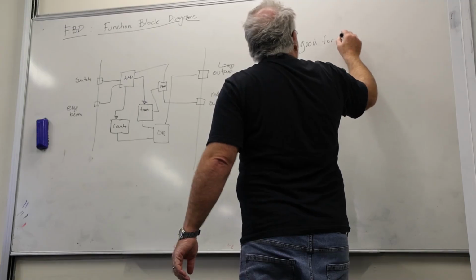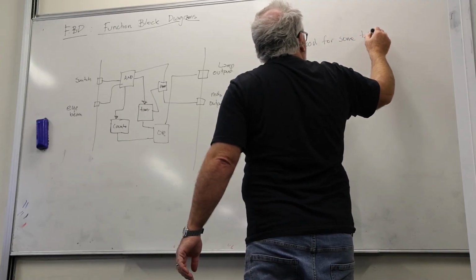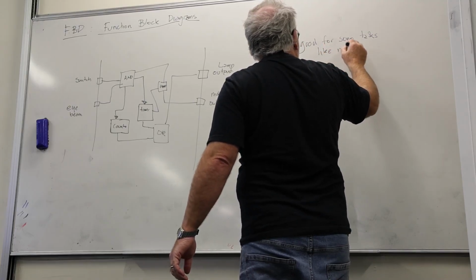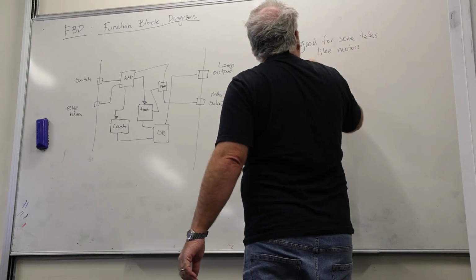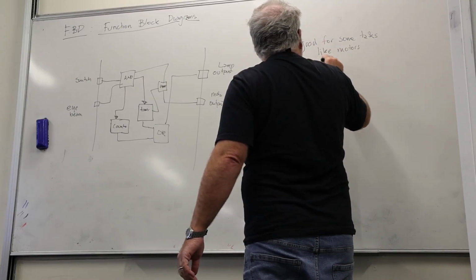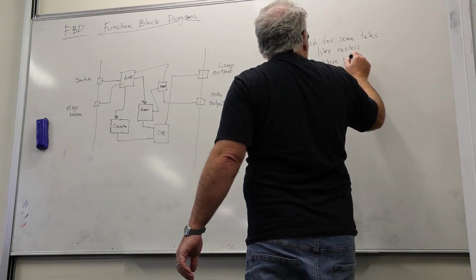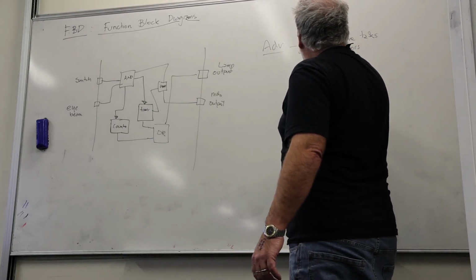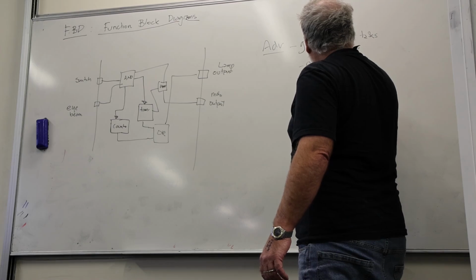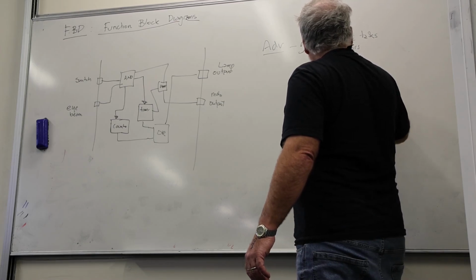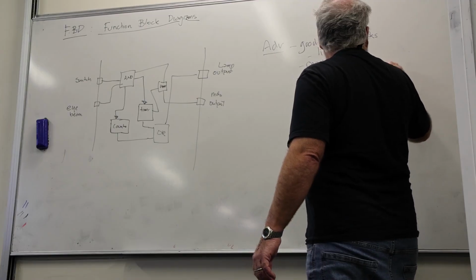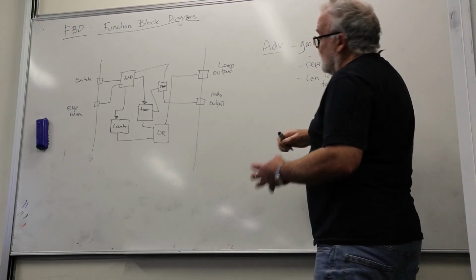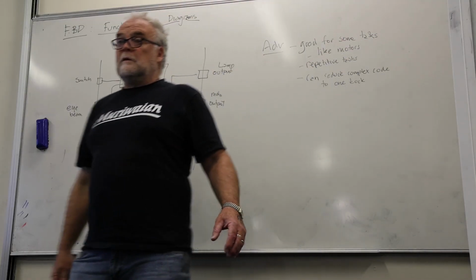Good for some tasks, like motors, and repetitive tasks. Can reduce complex code to one block. Okay, so you can get all this really complex code and you just put one block instead of it.